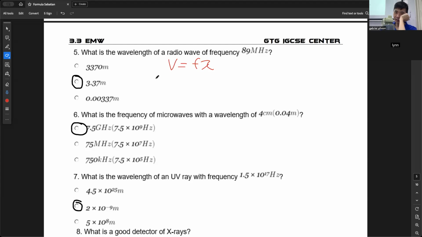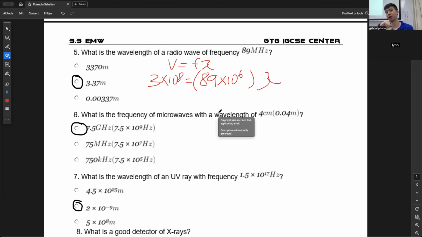Then take the speed of light, 3 times 10 to the power of 8, equals to. 89 megahertz is times 10 to the power of 6, guys. Then press this in your calculator and you'll get the answer. Yeah, I divided by 89. That's why. 30,000. This one don't need. Why when I ask no one highlight anything?